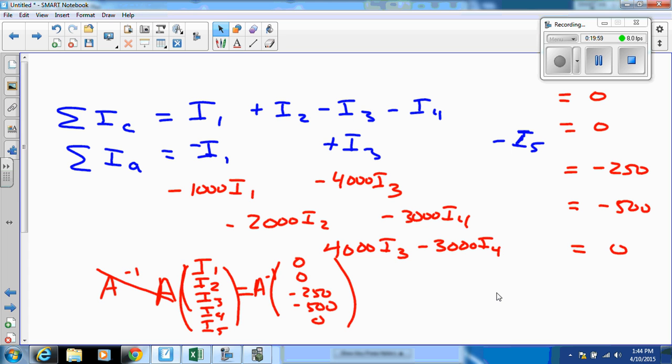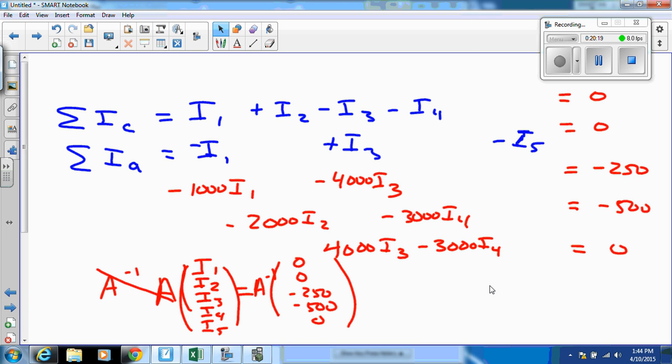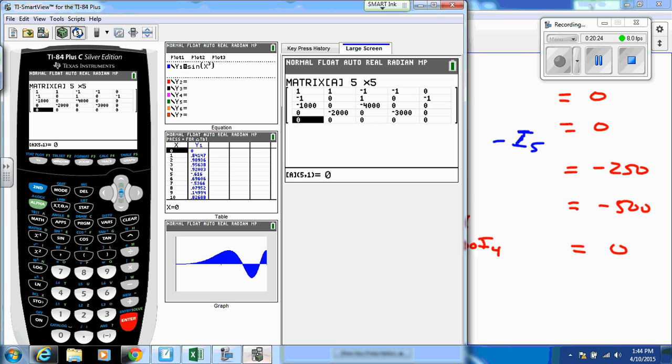For the next one, we have 0, minus 2,000, 0, minus 3,000, and 0. And then finally, for our last one, we have 0, 0, 4,000, minus 3,000, and 0. And we're done.